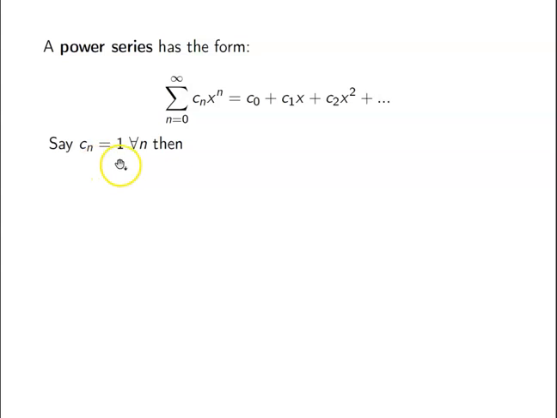So say that Cn is equal to 1. So all of these coefficients are just the value 1. Then we don't have to write them anymore, right? Except for the first one. So we'll get the sum of just x to the nth power. And that'll just be 1 plus x plus x squared plus x cubed plus x to the fourth, et cetera, et cetera, et cetera. Okay. Because when I plug in 0, C0 is 1 because all of the Cn's are 1.